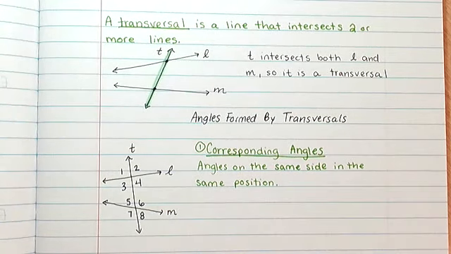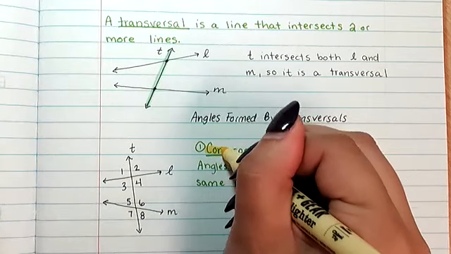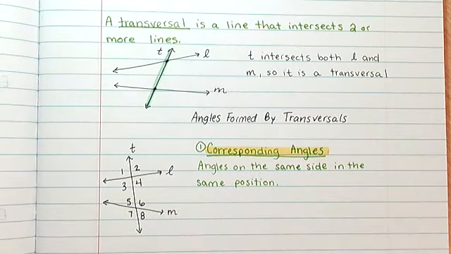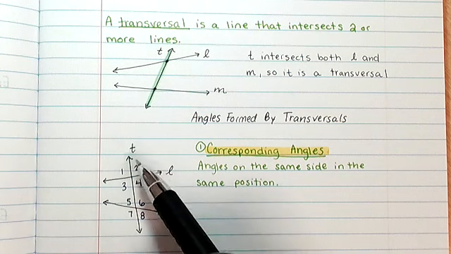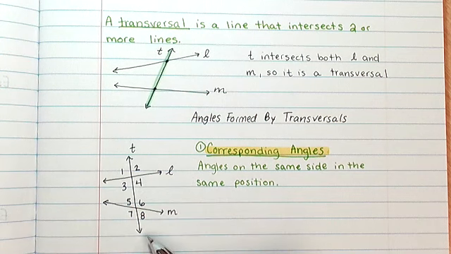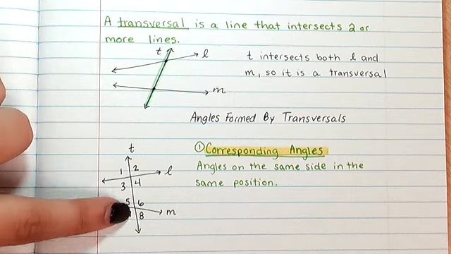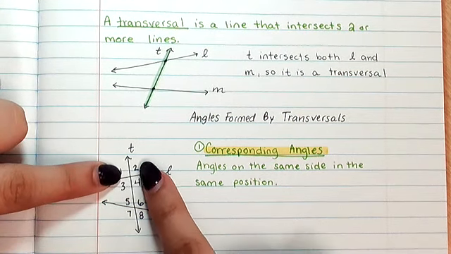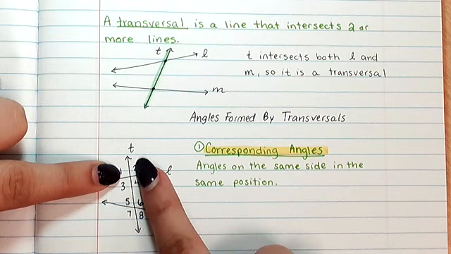Now, what on earth could I possibly mean when I say that? Angles on the same side in the same position. Well, if we're looking at our picture, we have this transversal T, and it's kind of splitting this picture into 2 halves. We have all the angles on this side, and we have all the angles on this side.